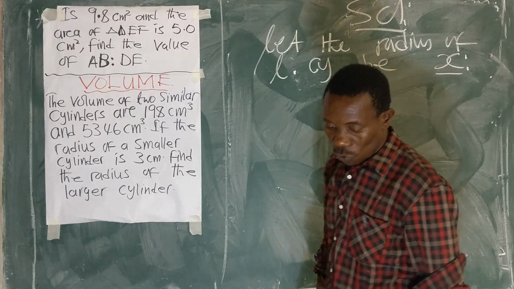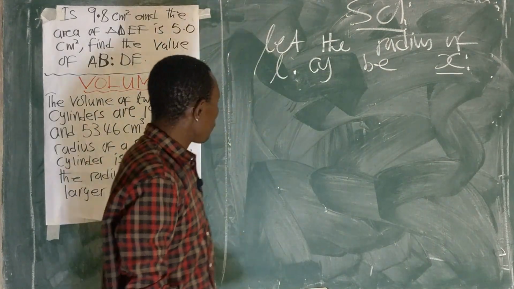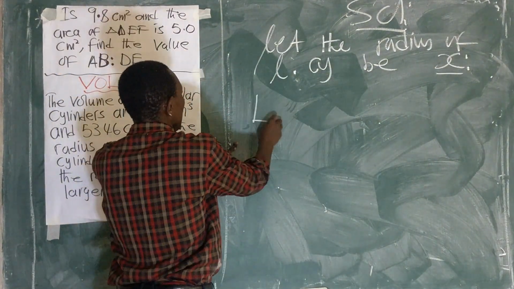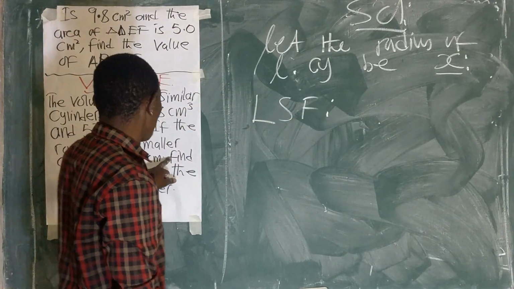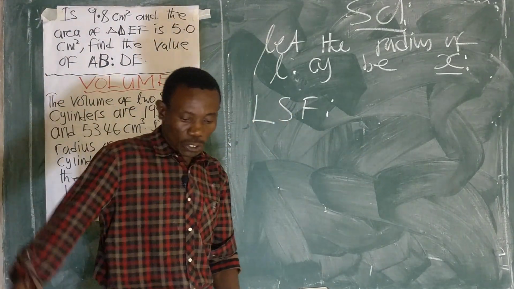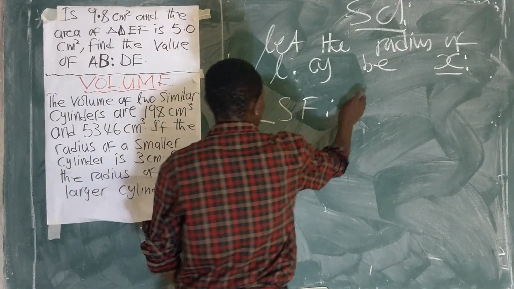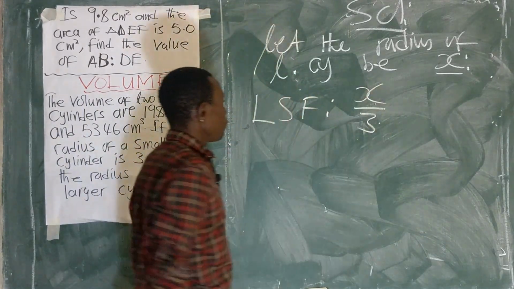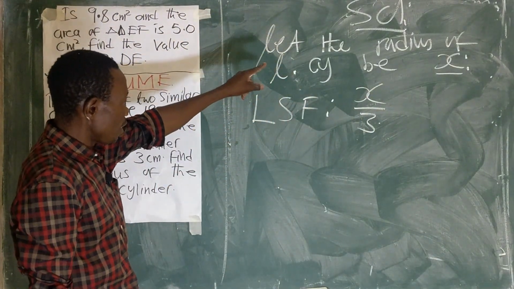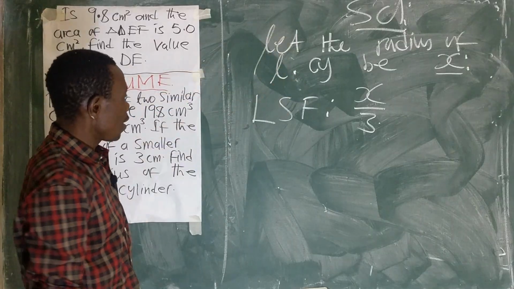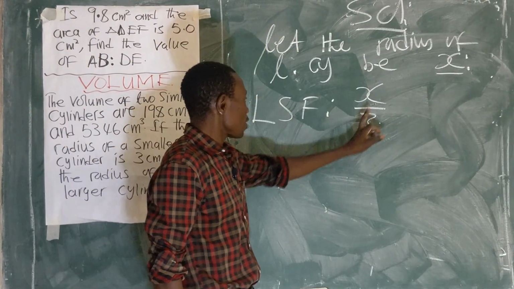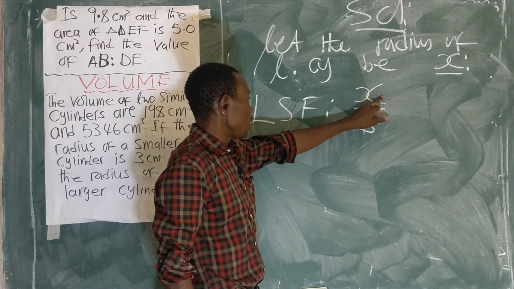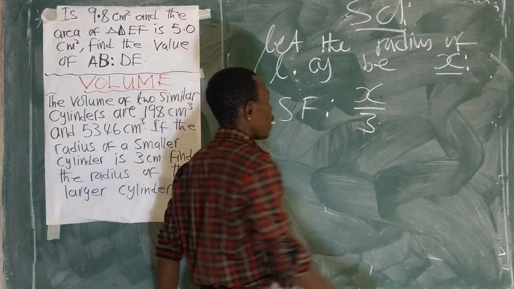Our linear scale factor is represented as x to 3, beginning with the larger cylinder's radius compared with the smaller cylinder.